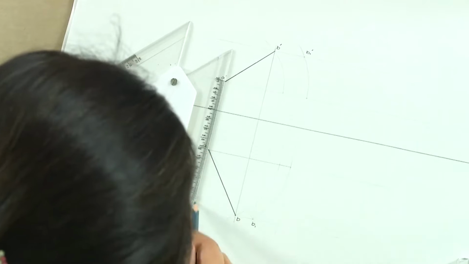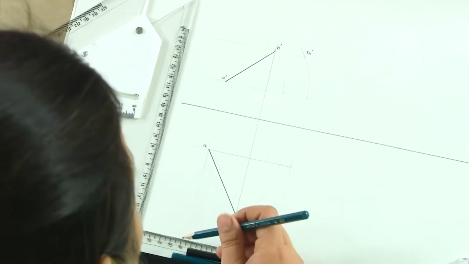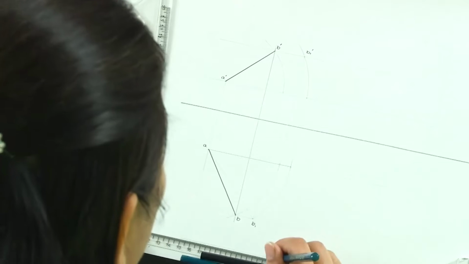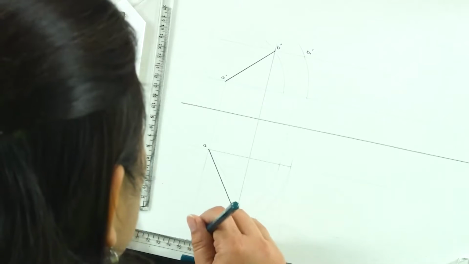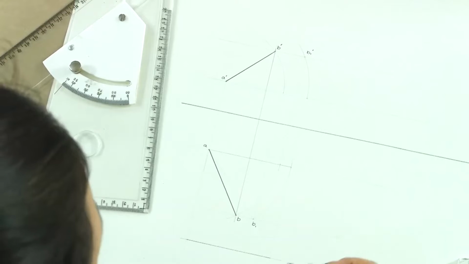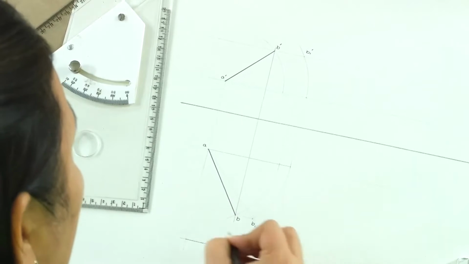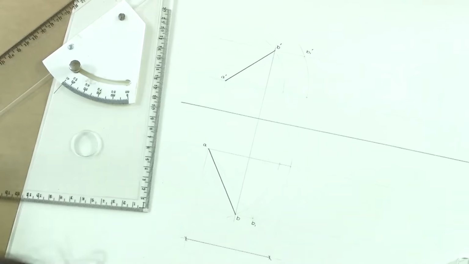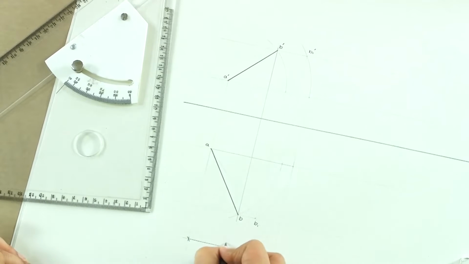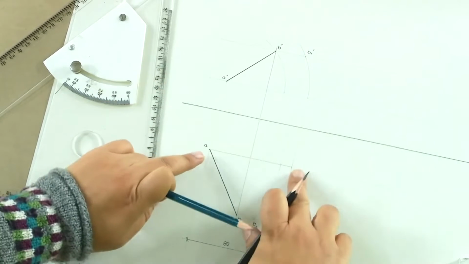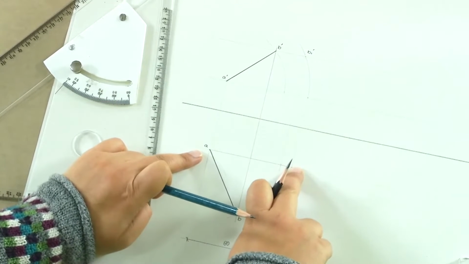So, this line which we are seeing here is a line which is parallel to both the planes, and hence it would be of length 8 centimeters or 80 mm. So, we will represent this dimension 80 mm here. This is 80 mm for this parallel line which we assumed in the beginning.